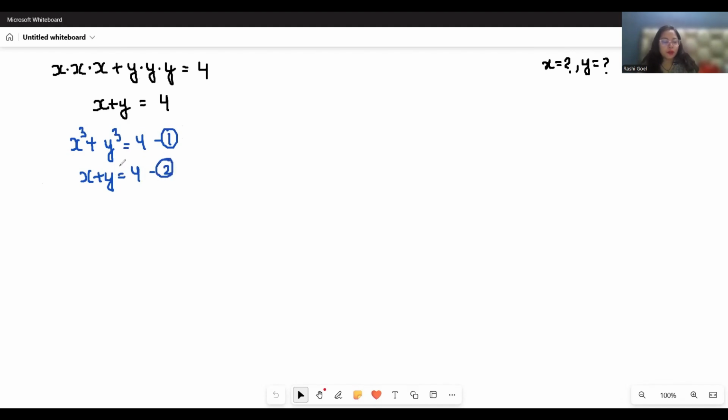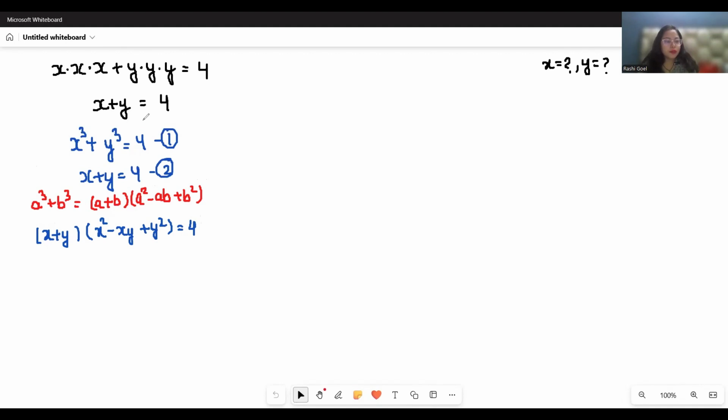Now from equation number 1 I am going to use the identity, that is a cube plus b cube equal, we can write a plus b times a square minus ab plus b square. So equation 1 becomes x plus y times x square minus xy plus y square equal 4.